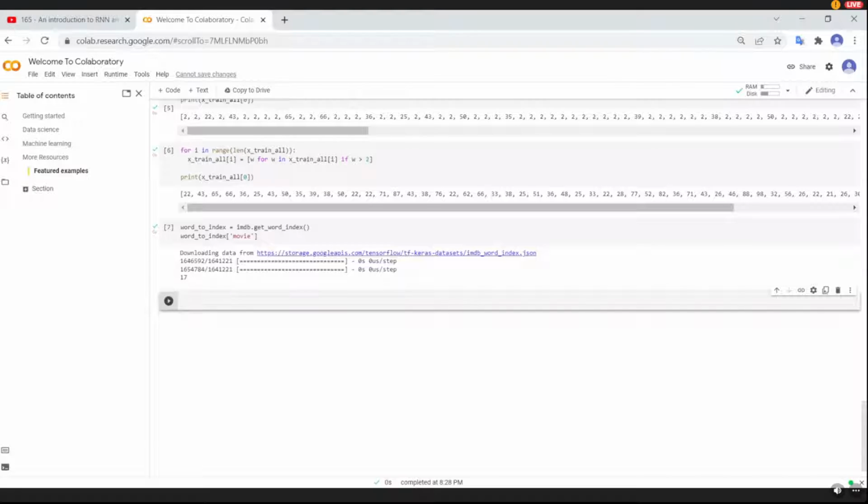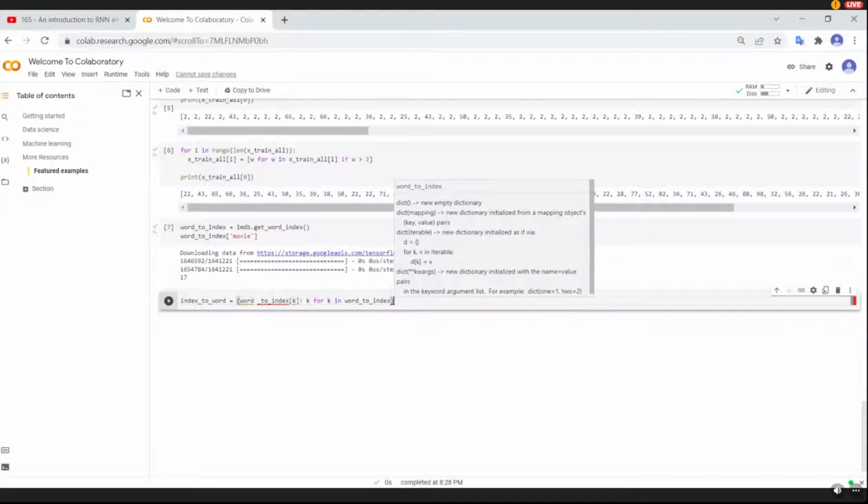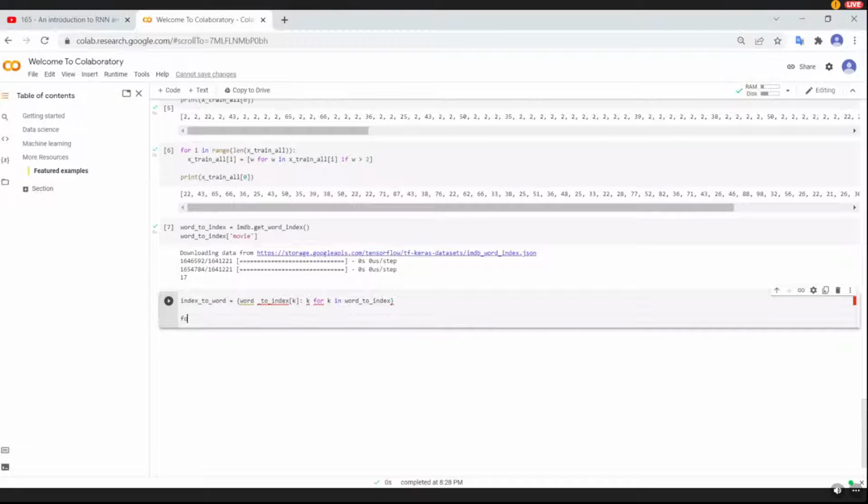Okay, now we're gonna convert the numbers into words. index_to_word, word_to_index, boolean.